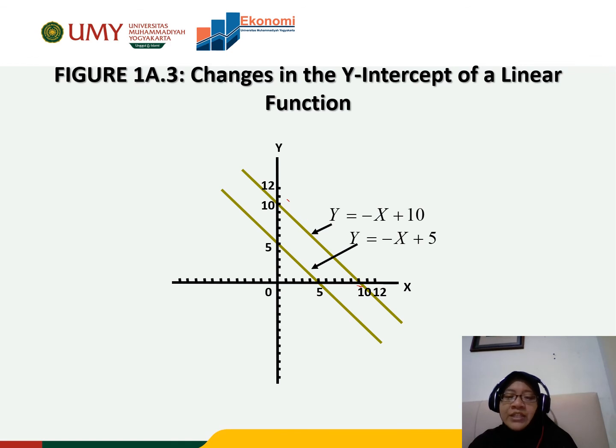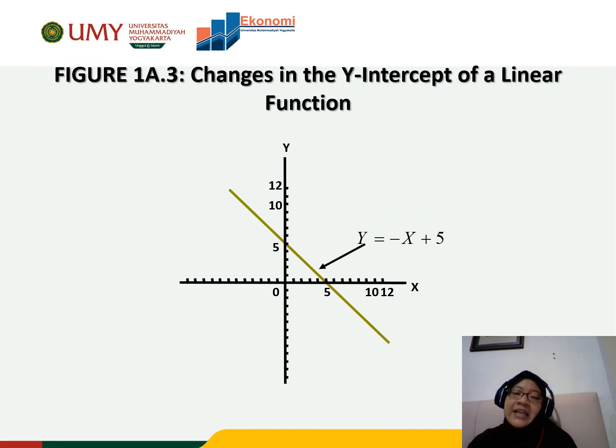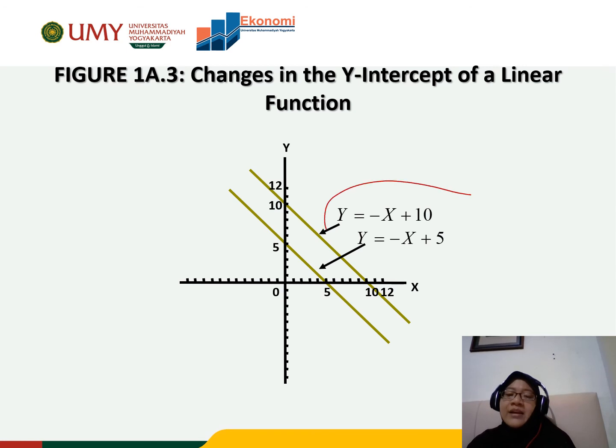So it will be shifting, and the line y equals minus x plus 5 becomes y equals minus x plus 10, because it is shifting upward. So this is the change of intercept. This needs to be remembered.